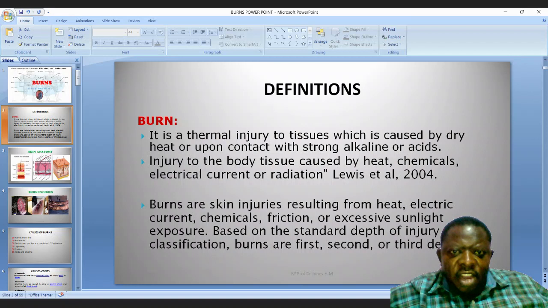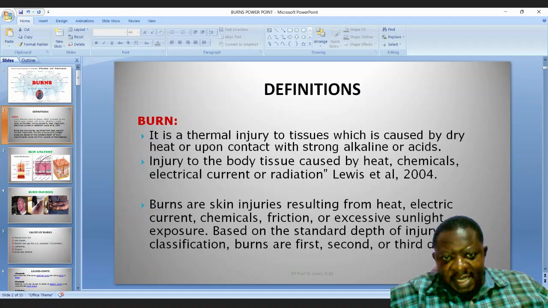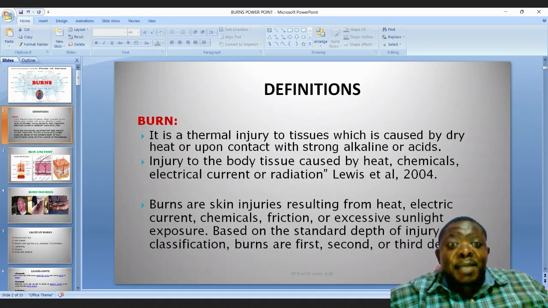This is the general view that we have about burns before we came to this lesson as a thermal injury. But burns do not necessarily come because of thermal contact. They may come because of contact with strong alkalines or strong acids. That is why these elements have been added to the definition of burns.